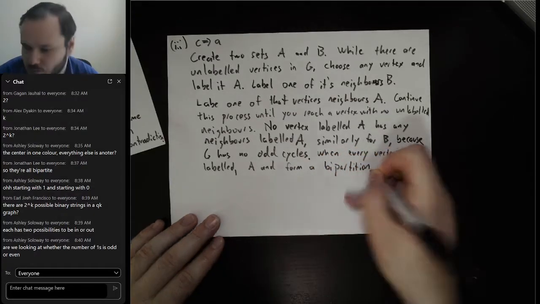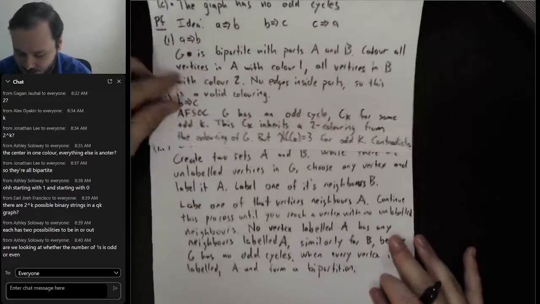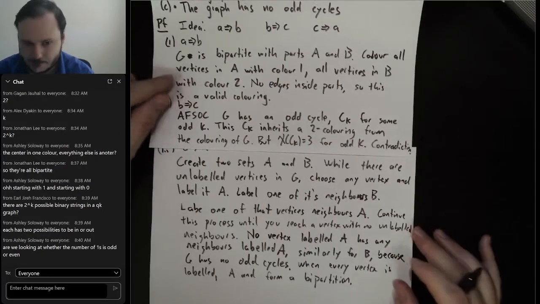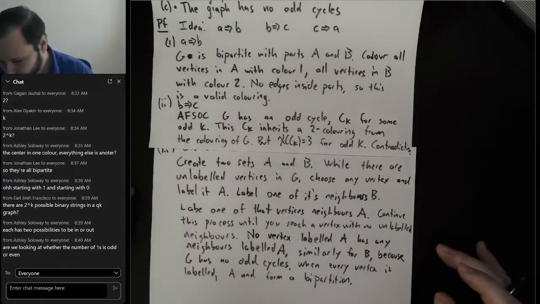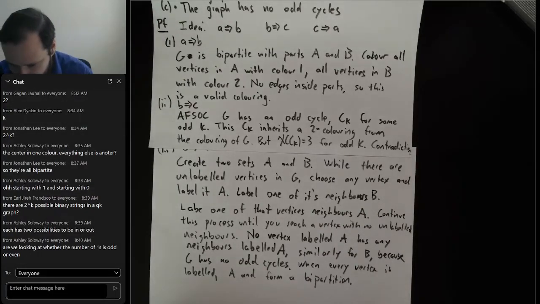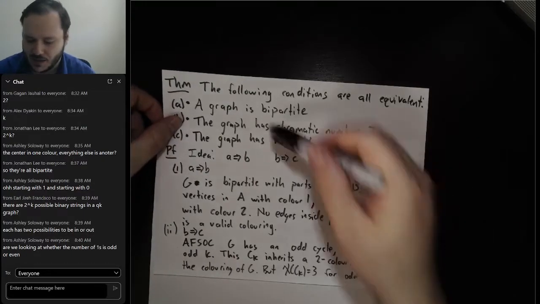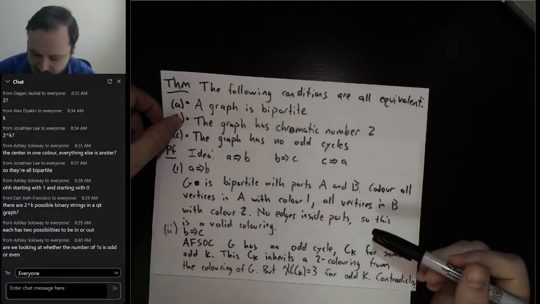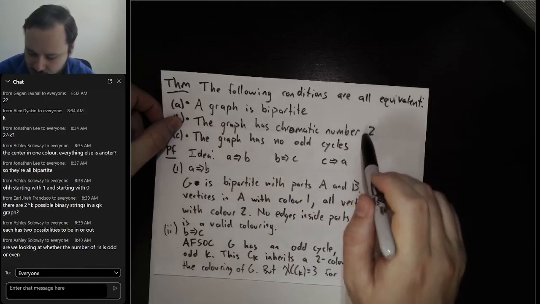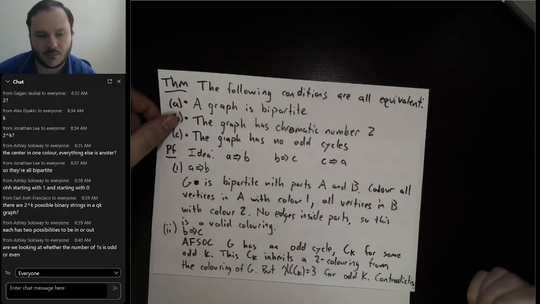So this one's a little bit more involved than my other two proofs, but it's the same type of idea. And what I get are three conditions that all mean the same thing. Bipartite graphs are exactly the graphs with chromatic number 2 are exactly the graphs that have no odd cycles in them.